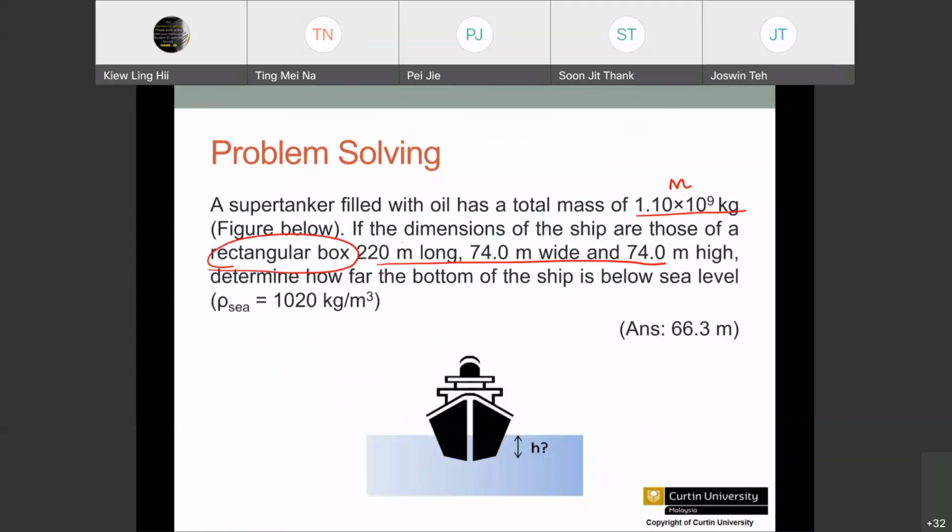Determine how far the bottom of the ship is below sea level. Okay, so this is when the super tanker is in equilibrium. It is now not moving, floating somewhere on the water. So this is now in equilibrium.